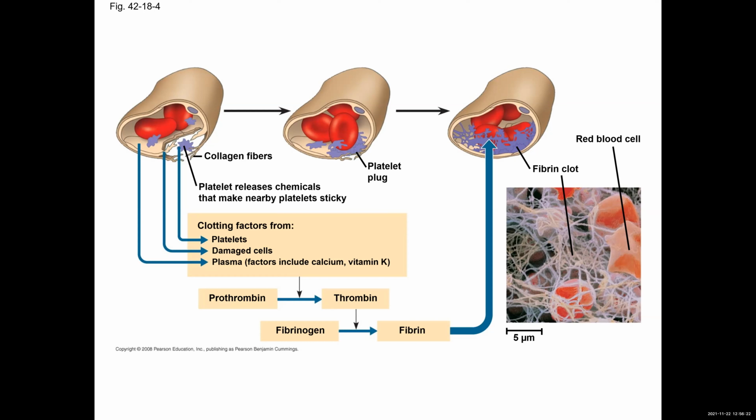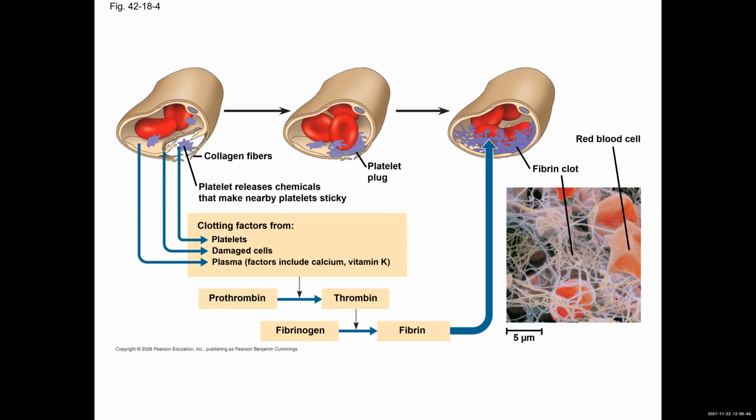If there's damage to the blood vessel, these collagen fibers will get exposed. The platelets can detect and bind to the collagen fibers, and they get triggered to release chemicals, some kinds of chemical messengers, sort of like hormones.